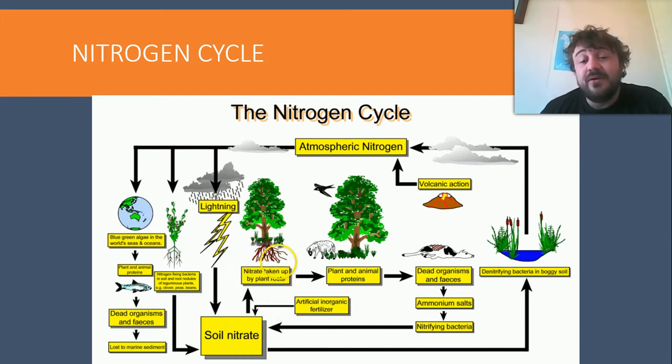These get taken up by the roots, and this is how, so these two here, nitrogen fixing bacteria and the soil nitrates, this is how we get the nitrogen in our diet. Now, remember, we're made up of carbon, hydrogen, oxygen, and nitrogen. Those are the four key elements that make us up, so we need it. So we get it from eating plant and animal proteins, because the animals eat the nitrogen from the plants and so forth.